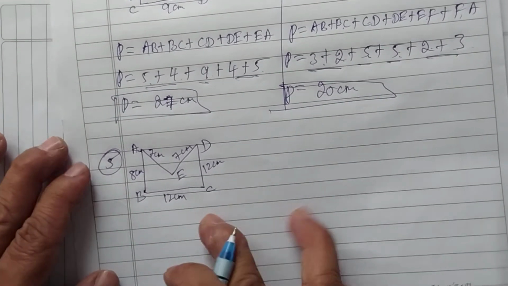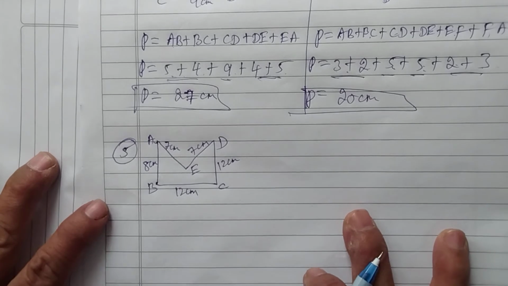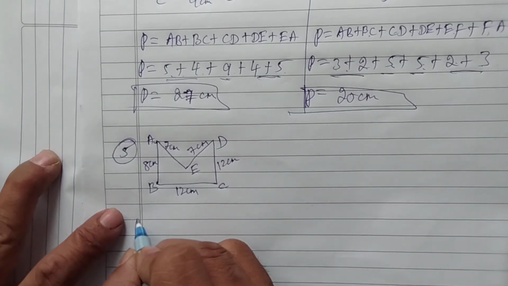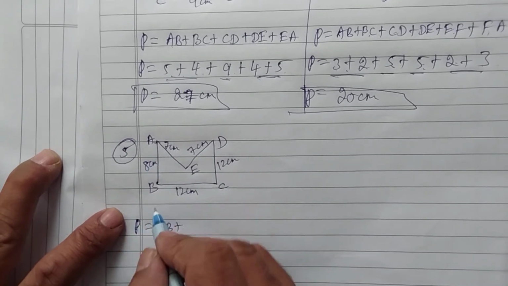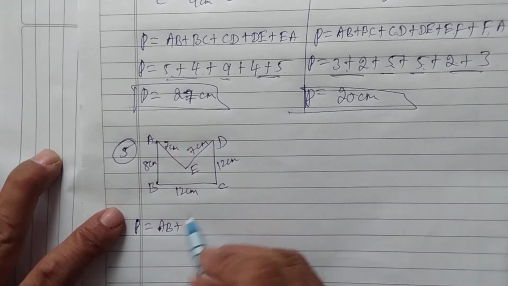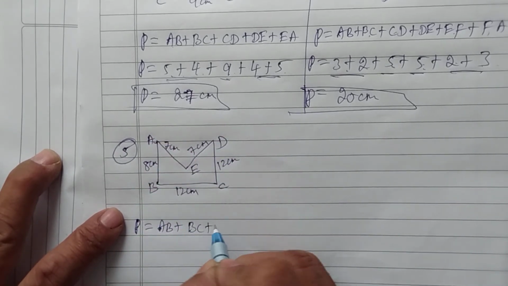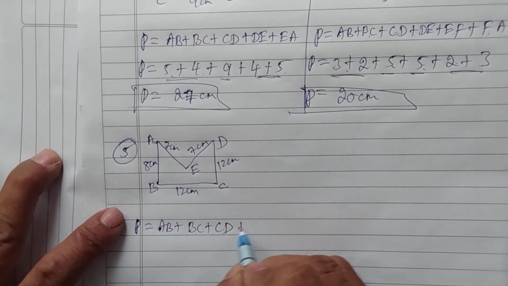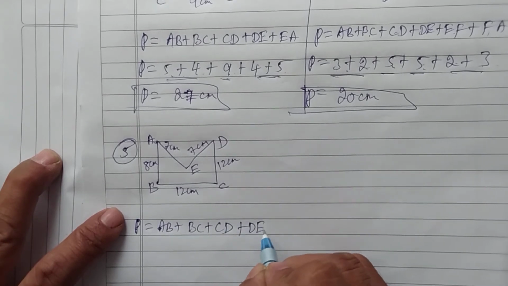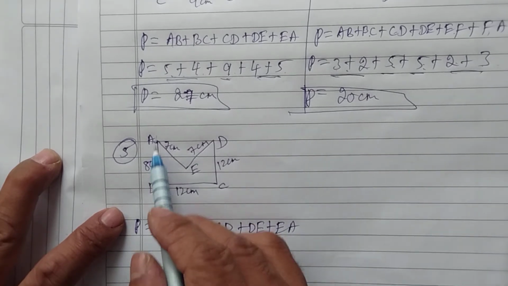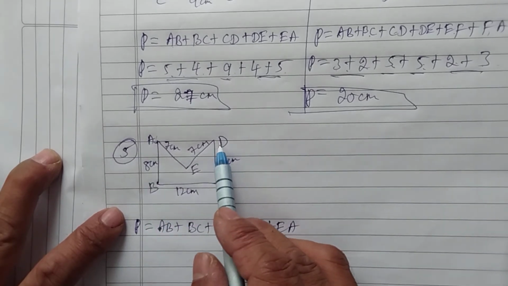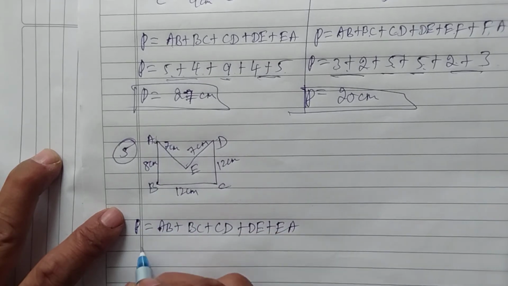Now you see, this is the fifth one, given diagram. Okay, P is equal to AB plus BC plus CD plus DE plus EA. We can take any variable, no problem. Perimeter is equal to length we are measuring.